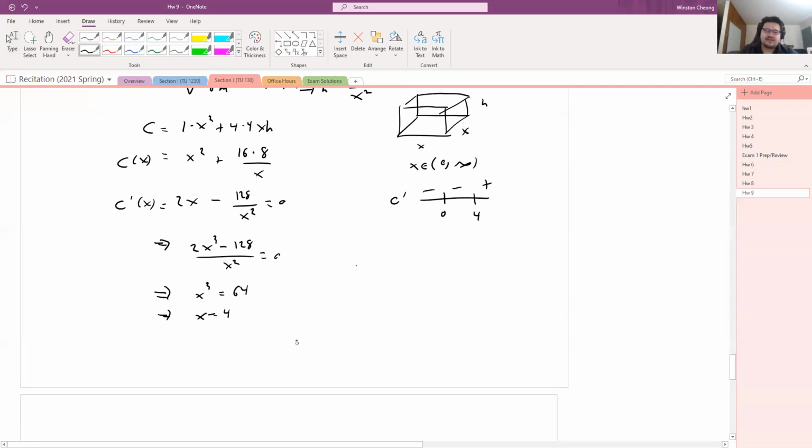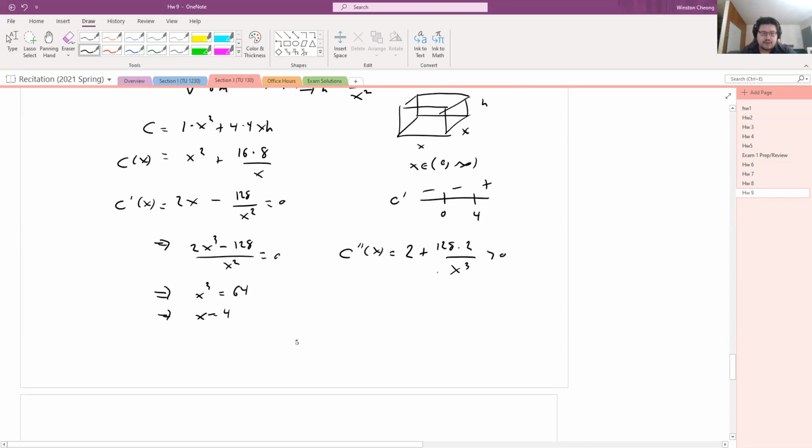I'll do the second derivative test instead, just because in this problem it's not so hard to take a second derivative. Just look at this function. I can just easily take that next derivative. I get 2 plus 128 times 2 over x cubed. And as long as x is positive, this whole thing is going to be positive.